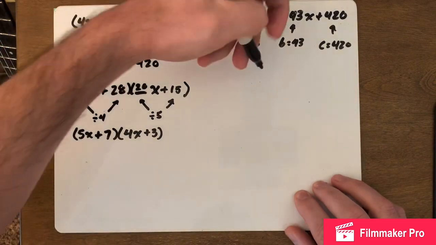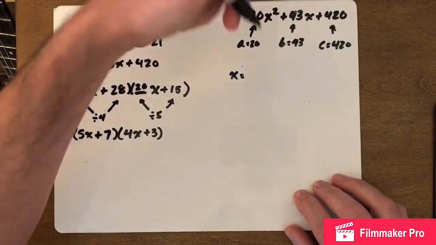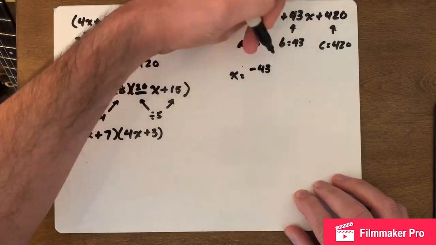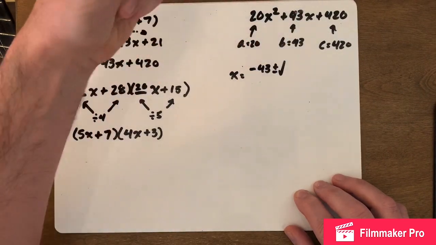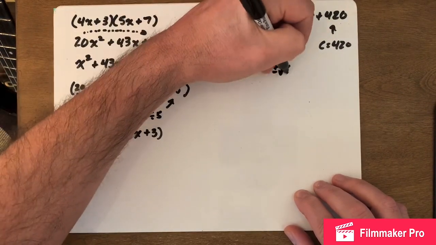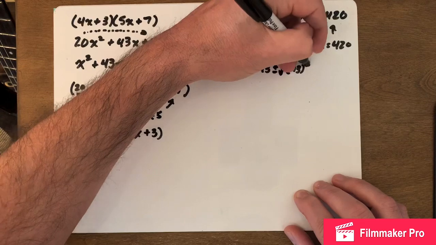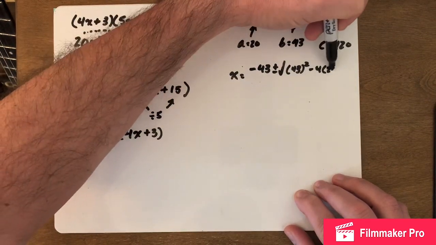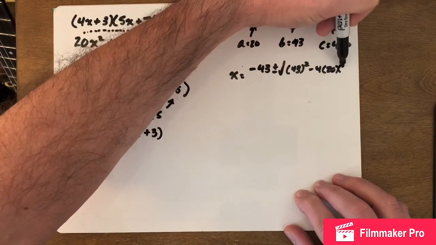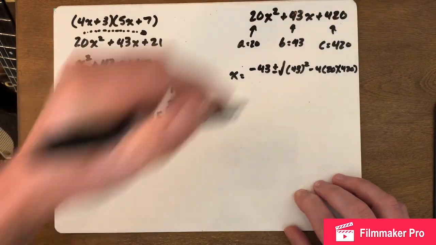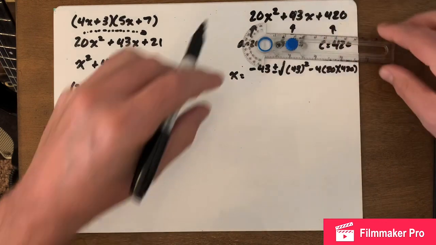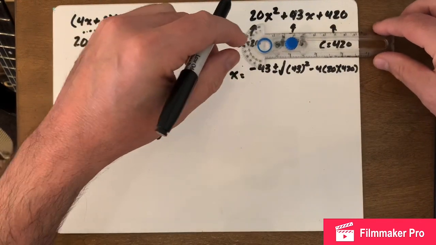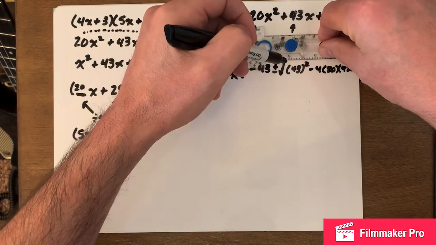So here we go. x is equal to opposite b plus or minus square root of b squared minus 4 times 20a times 420, which is c. And I ran out of room a little bit, but that's okay. So let's make that look decent.